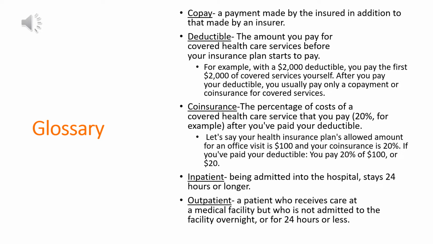Let's say your health insurance plan's allowed amount for an office visit is $100 and your coinsurance is 20%. If you've paid your deductible, you pay 20% of the $100 owed, or $20.